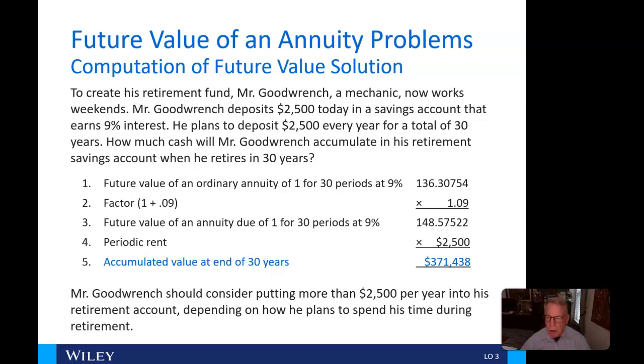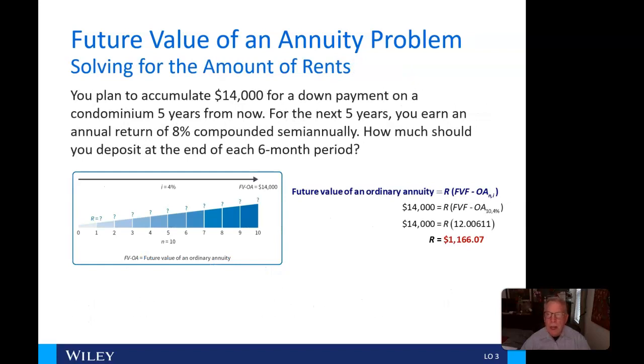Okay, so now we plan to accumulate $14,000 here for a down payment on a condo 5 years from now. So for the first 5 years, you earn 8%, this time compounded semi-annually. So I now know that I need to multiply these years times 2 to get 10, and halve this 8% annual rate to get to a semi-annual rate.